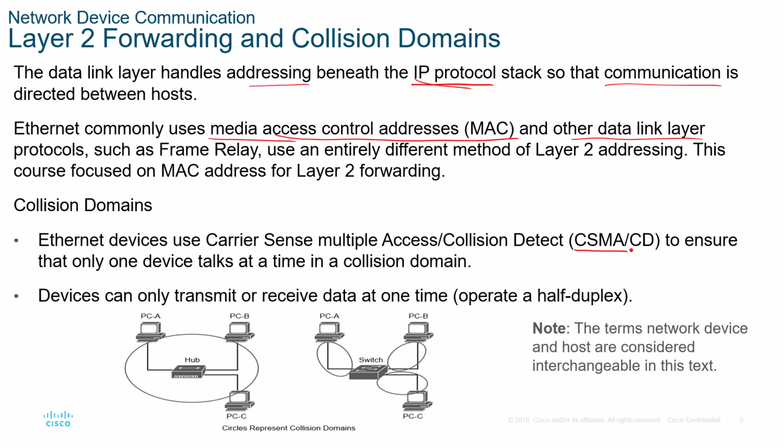If a collision is detected, the devices will sense it, do a hold down timer, and resend with a random timer. That way you don't have two things communicating at the same time. Basically, devices should only be able to transmit or receive one at a time.